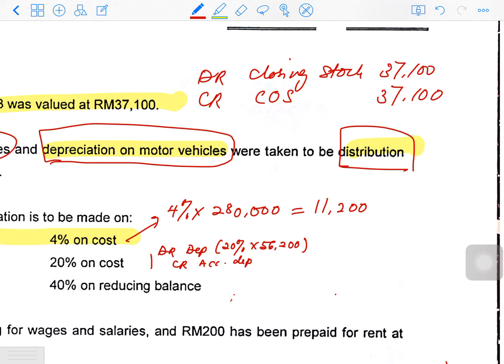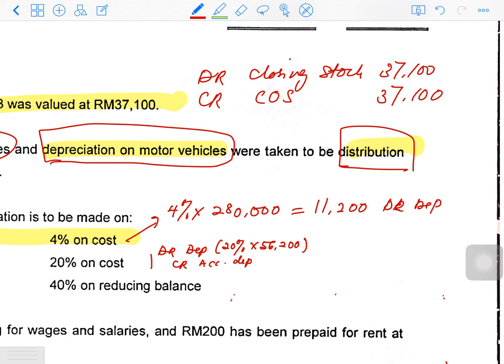So the double entry here will be debit depreciation expense for building. Okay. And credit what? Accumulated depreciation, right? For building.